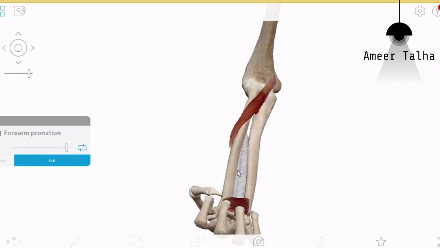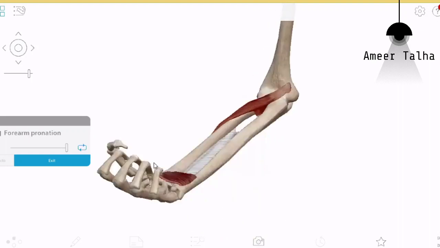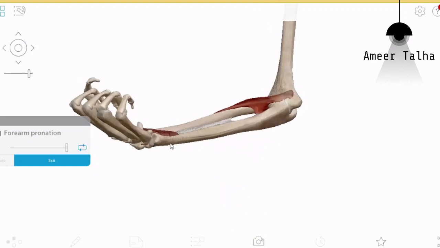This interosseous membrane is connecting the interosseous border of radius and ulna. तो इससे क्या होगा कि you have read that in the formation of wrist joint only the radius is involved and not the ulna, and for the elbow joint the main articulation is between the humerus and ulna.